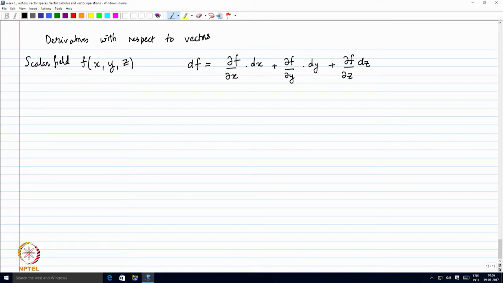Now, we look at this expression and we immediately notice that I can write it in the following form.